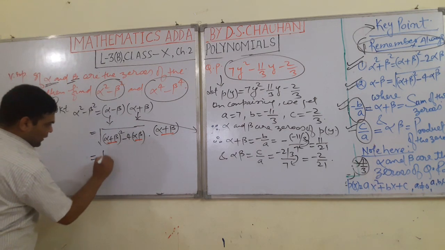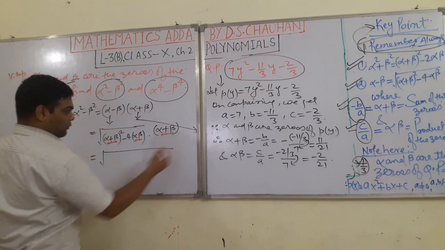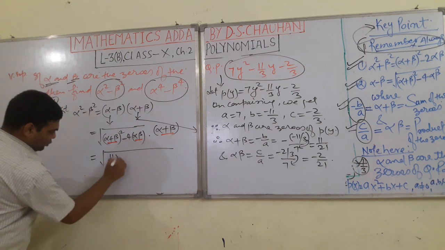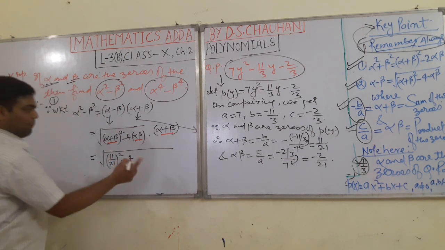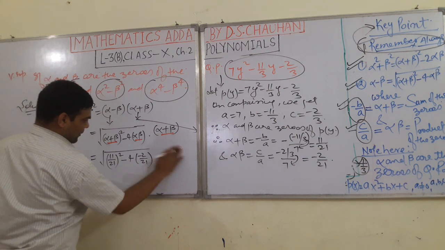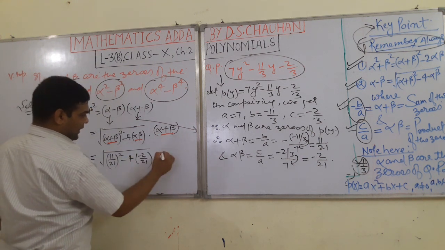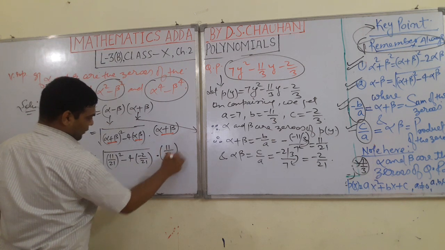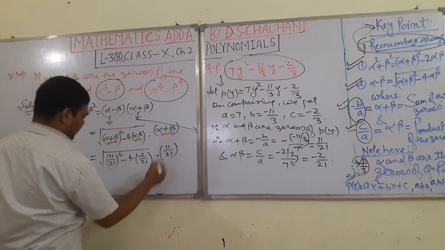See how. Put the values: alpha plus beta is 11 upon 21, to the whole square, minus 4 alpha beta, which is minus 2 upon 21, into alpha plus beta, which is 11 upon 21. Now simplify. What will you get here?